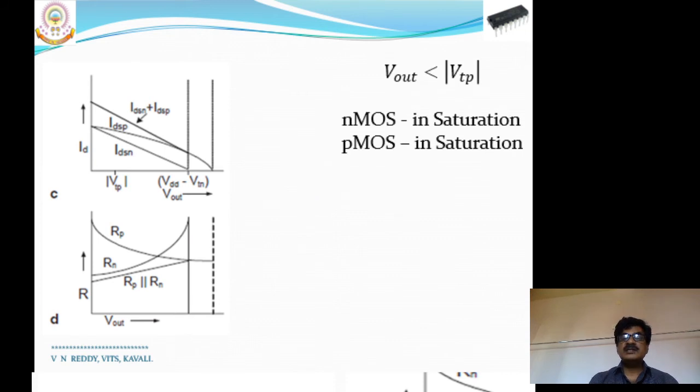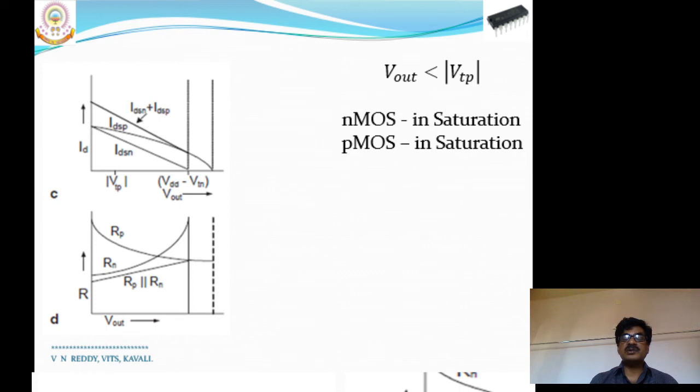Now this diagram represents the variation of output voltage from very low value to high value, and the corresponding drain current flow. Suppose when the output voltage is less than VTP, that is the threshold voltage of the Pmos transistor, both the Nmos and Pmos transistors are in saturation region.